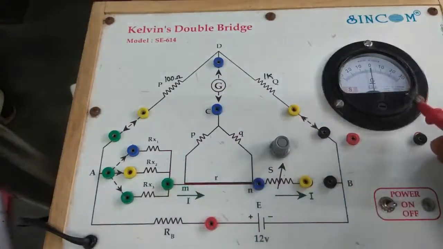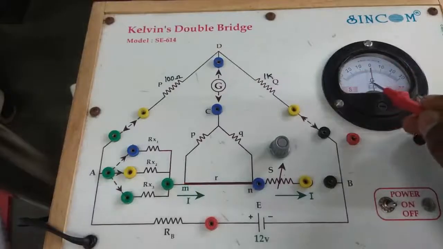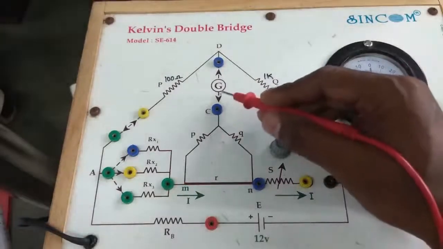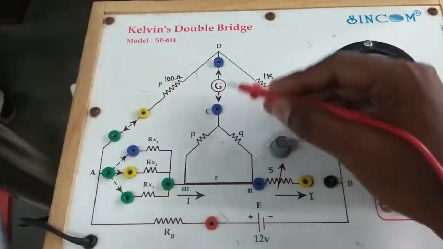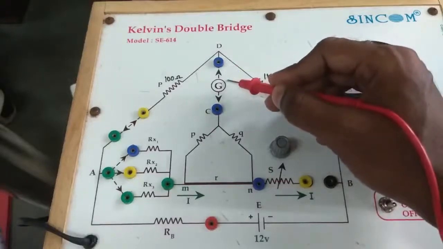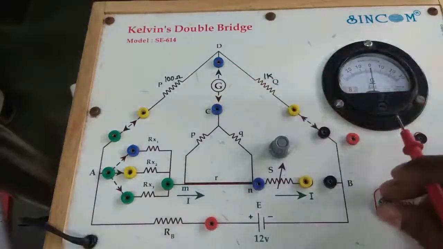In addition to this, there is a galvanometer. We will connect it here. Here is the test point of this galvanometer, and here is the switch for power supply on.